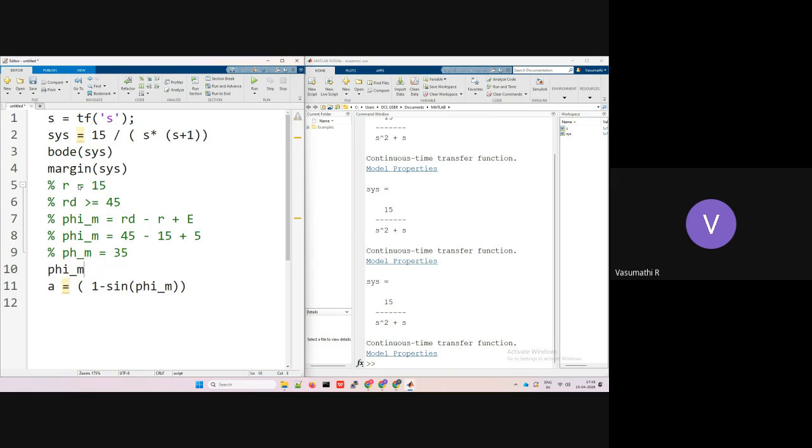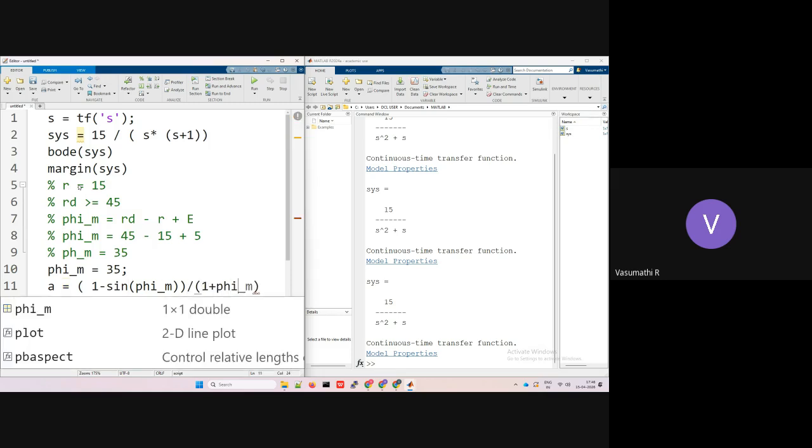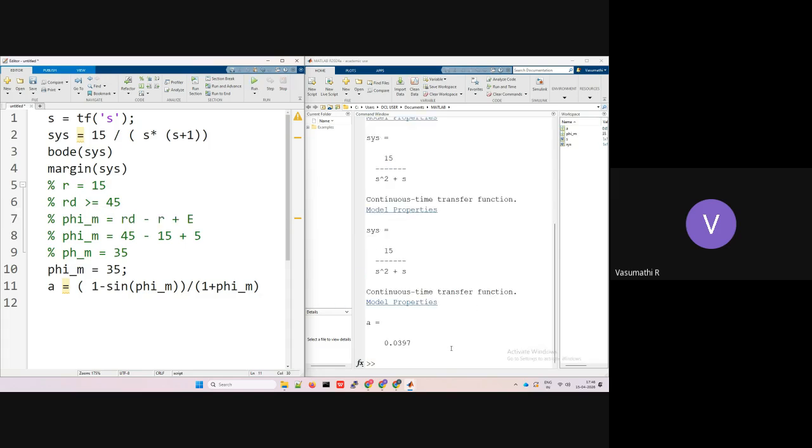So phi underscore m is equal to 35 here, right? So 1 minus sine phi m divided by 1 plus sine phi m. So this we calculated from the figure, if you remember.